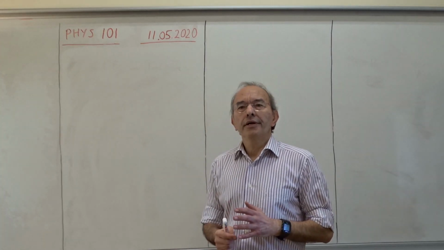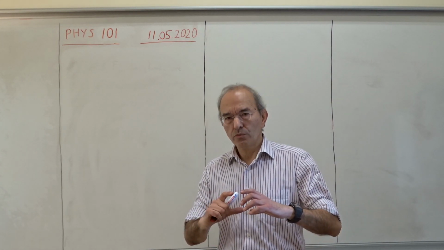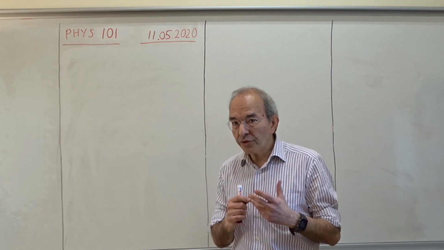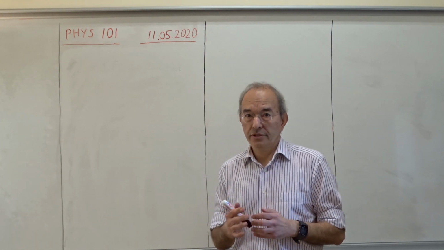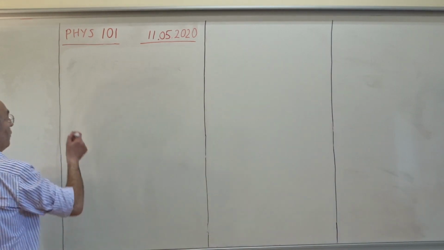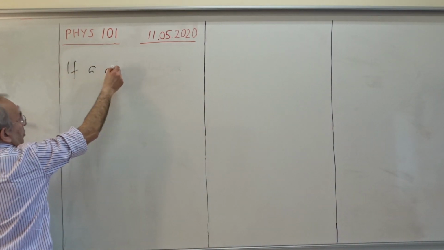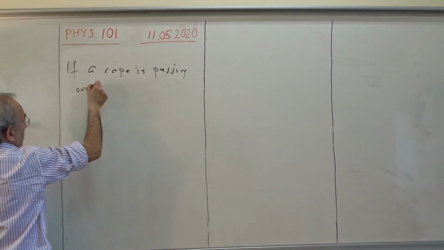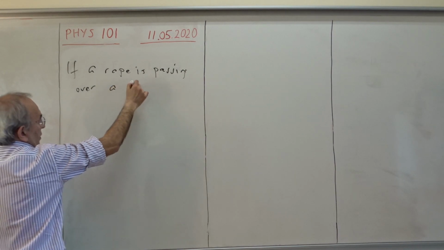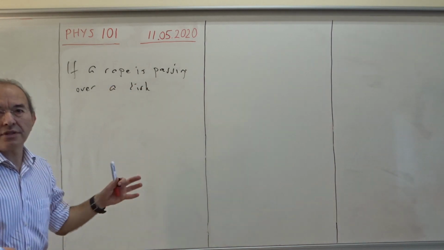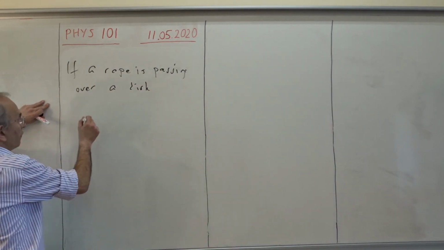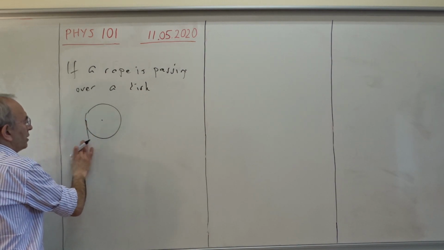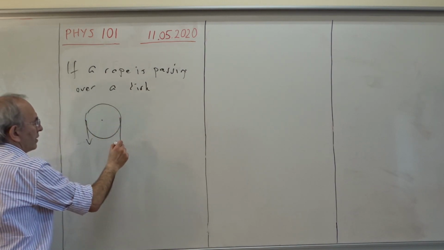Now let's consider some circular objects, such as a disc, a wheel. How do we write those forces? If a rope is passing over a disc, for instance, then as you see in the following examples, if this is a disc, and let's say we have maybe some object hung here and some of them there.